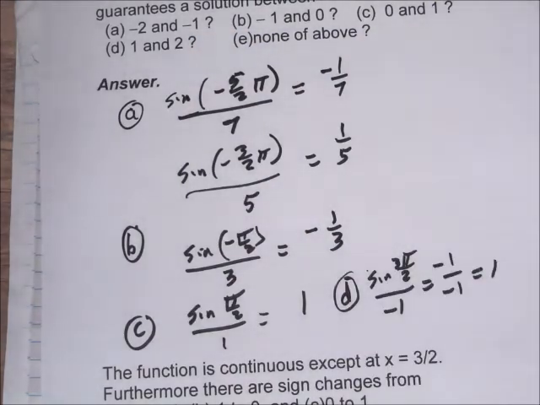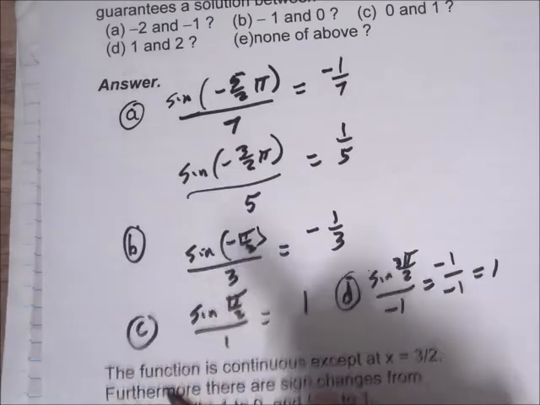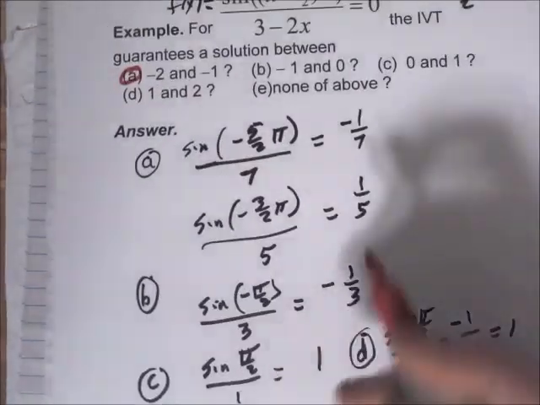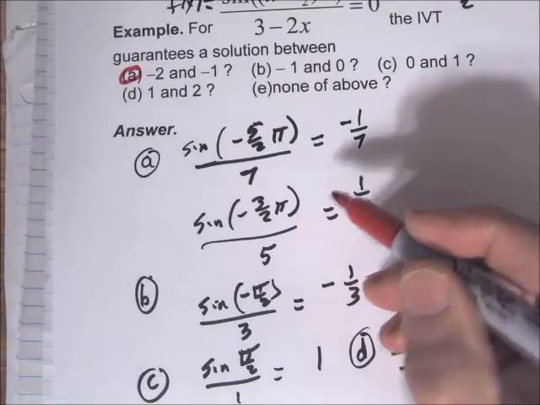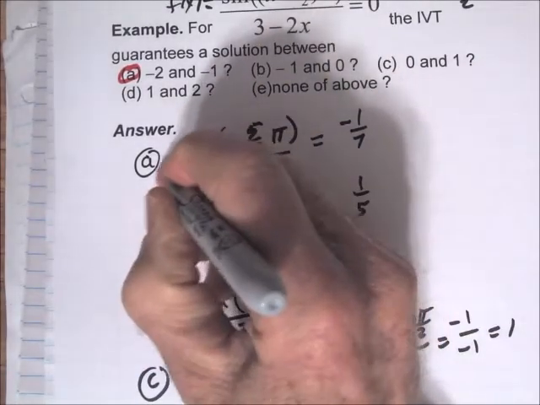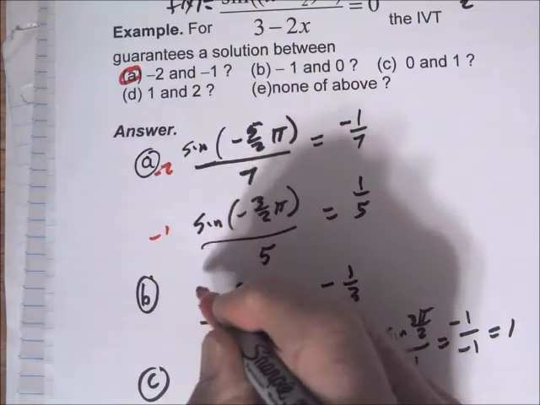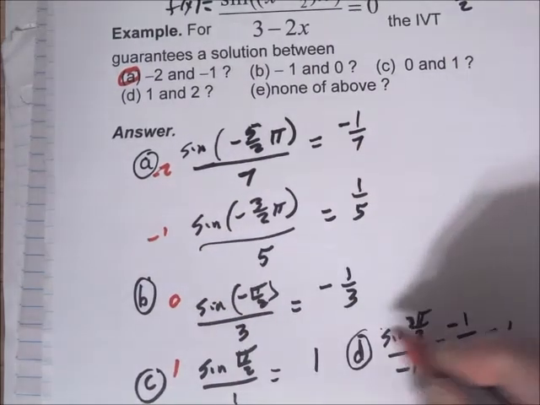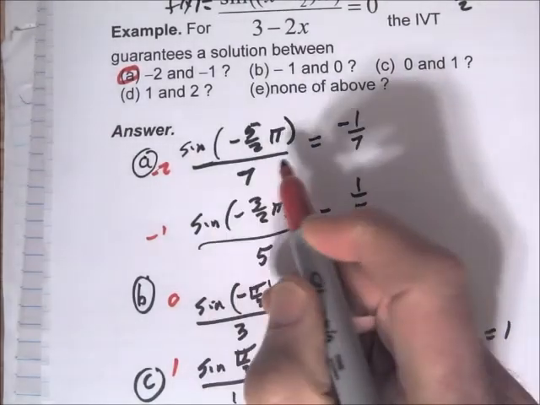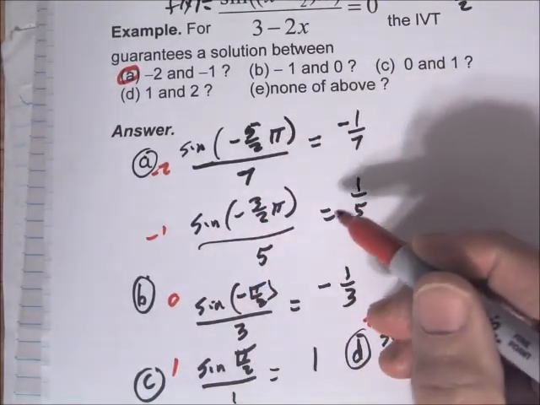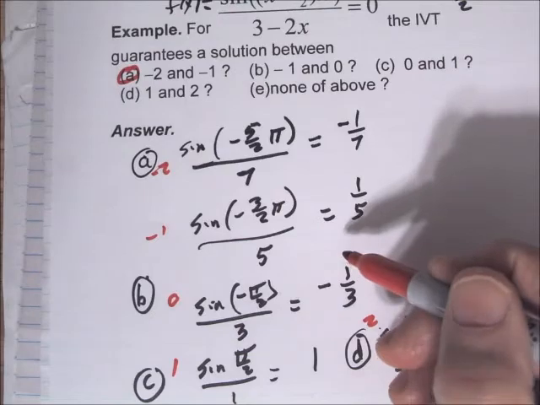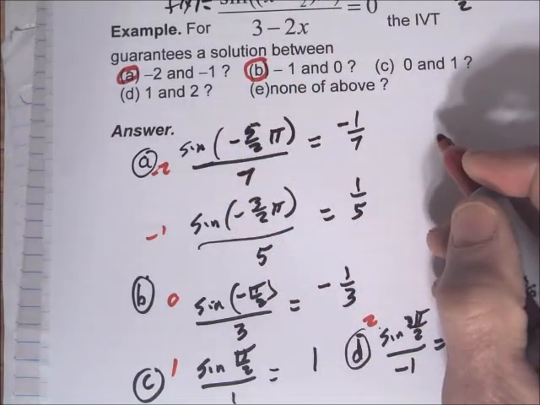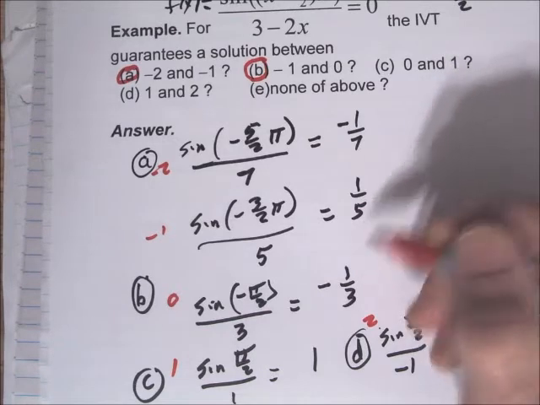There's a sign change, so part A, and there's also a sign change between x equals -1 and x equals 0, and there's a sign change between x equals 0 and x equals 1.